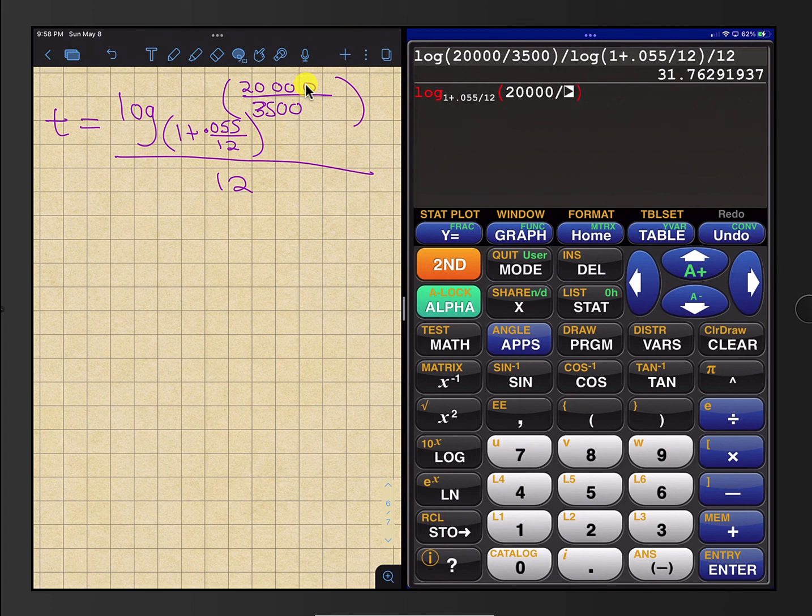It's 20,000 divided by 3,500. And then we'll jump out of the parentheses, and now we divide all of that by 12. So divide it by 12, and press enter. And yes, we get the exact same answer. So t is 31.76 years.